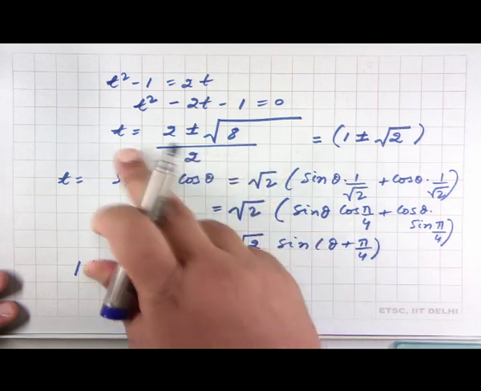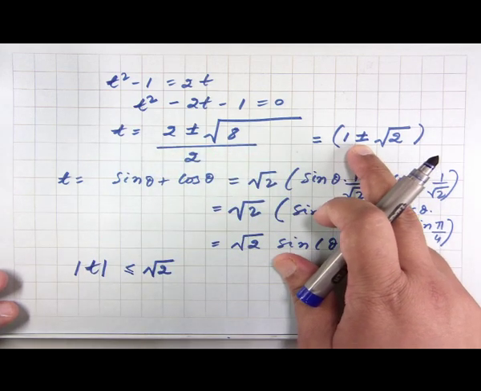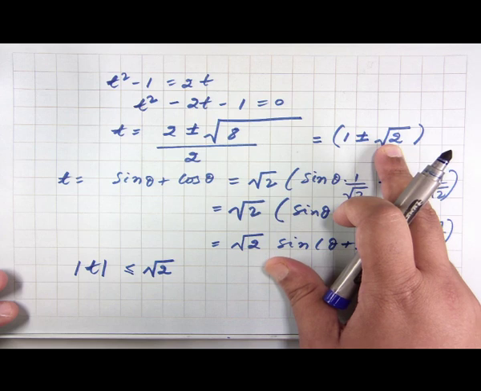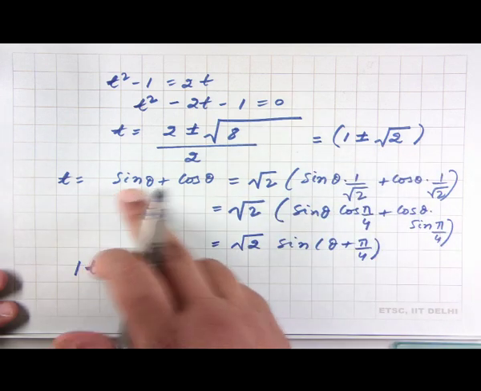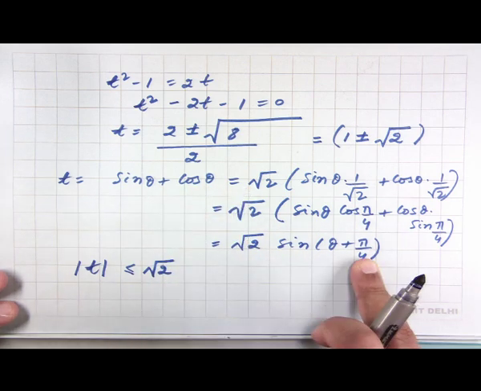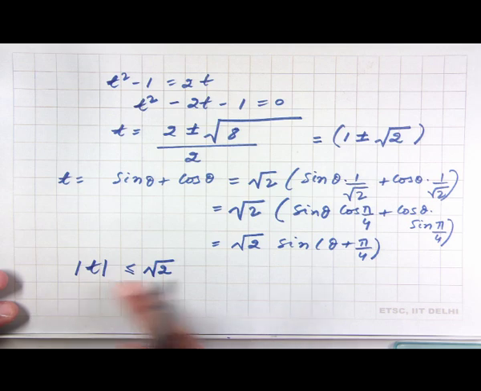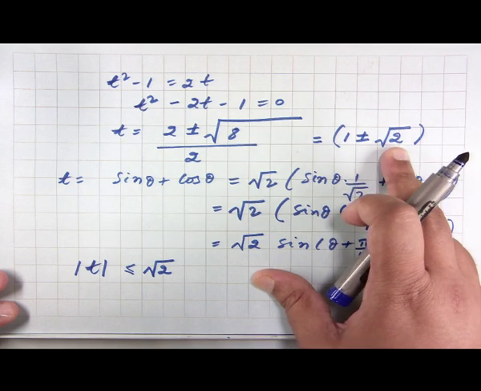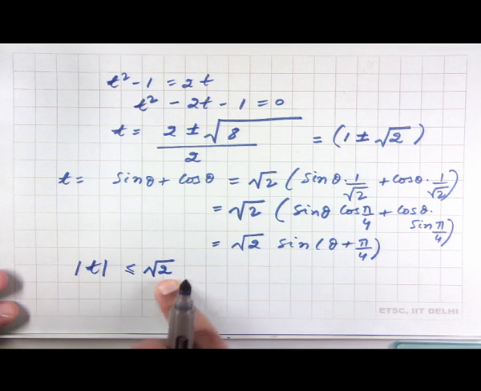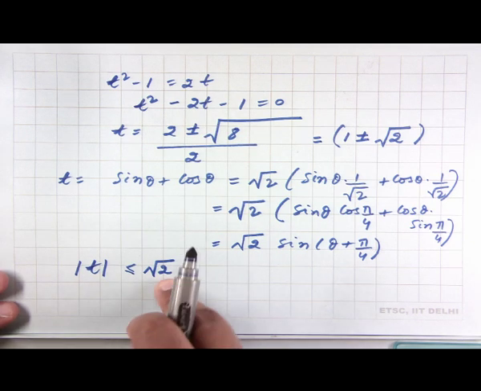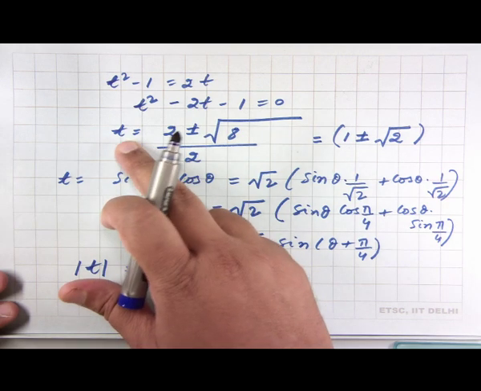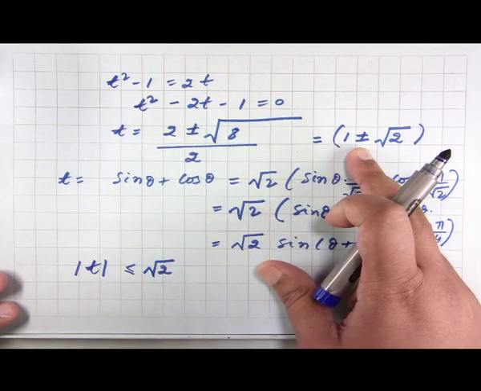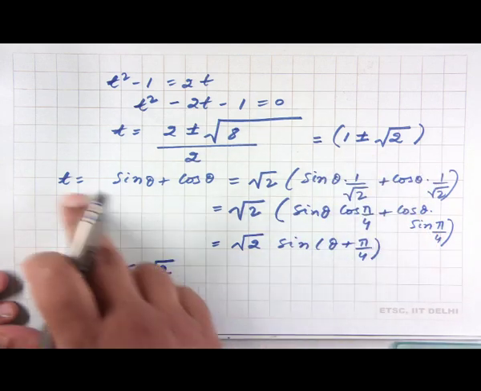If we go back to the roots of this equation, the root which is 1 plus root 2 is not a feasible solution, because t is sin theta plus cos theta, and we have seen that its absolute value should be less than or equal to root 2. So, we cannot take the root which is 1 plus root 2, because that does not satisfy this constraint. Therefore, the only other solution is that t is equal to 1 minus root 2, and we already have this simplification here.